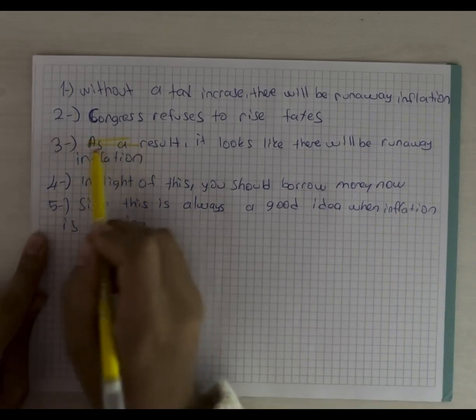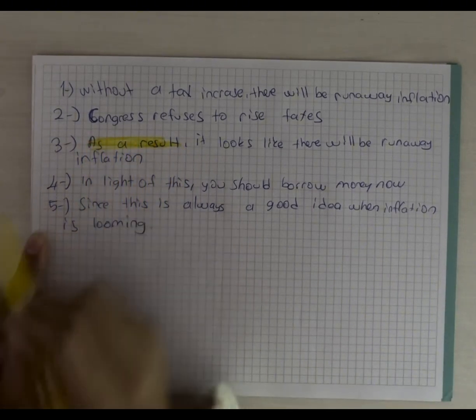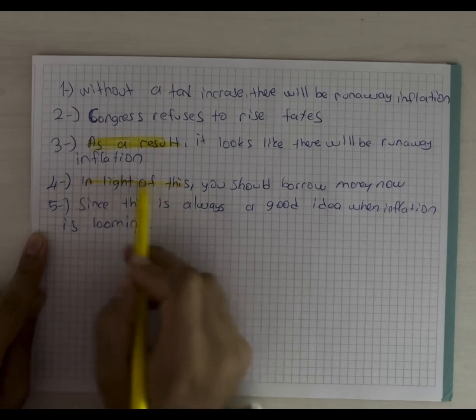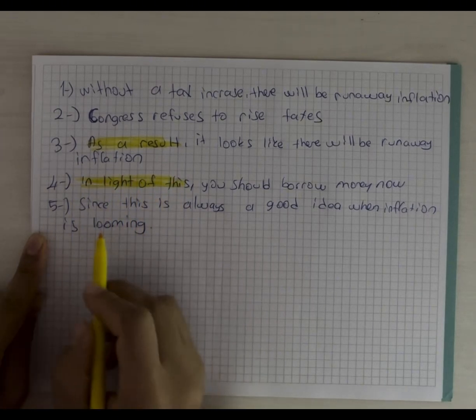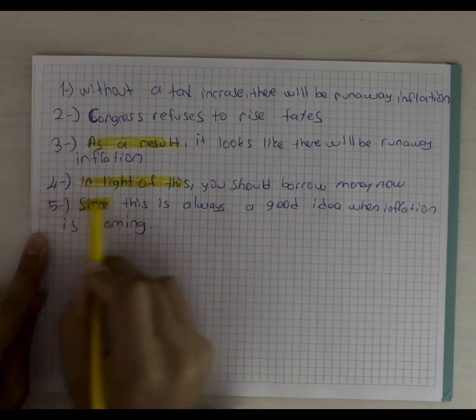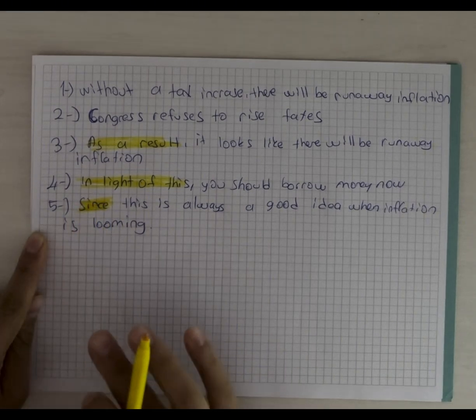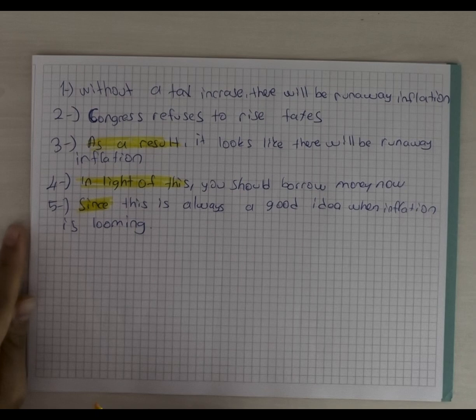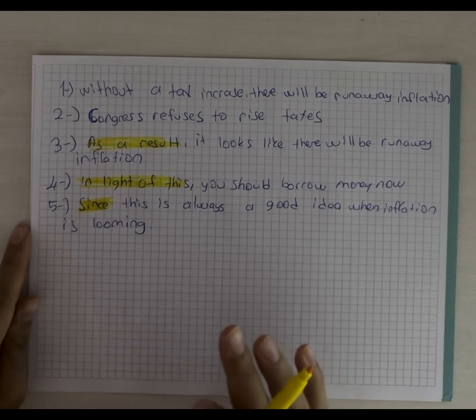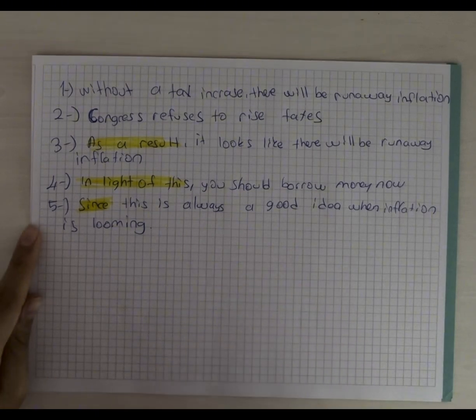"As a result of," "in light of this," and "since" are indicators, and then give numbers. I already did this.